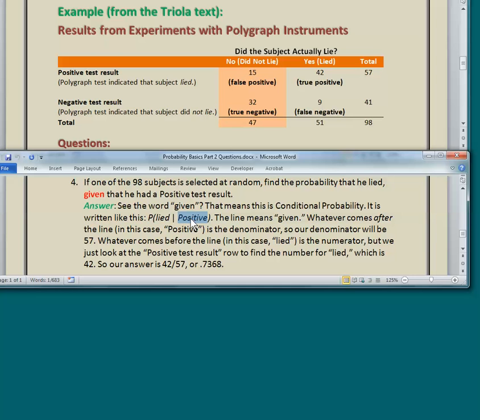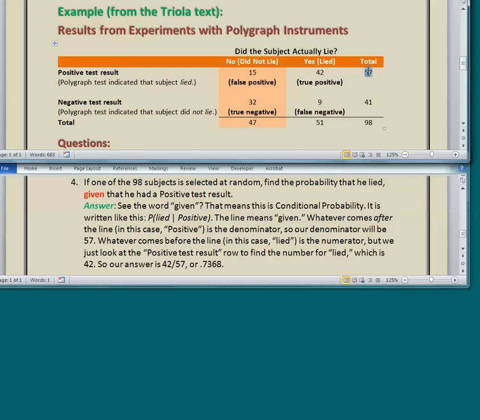Again, what comes after the line is positive. If we go to the positive row here, we go all the way to the end. The total of the positives is 57. So that's going to be the denominator of our fraction, which is our probability calculation.